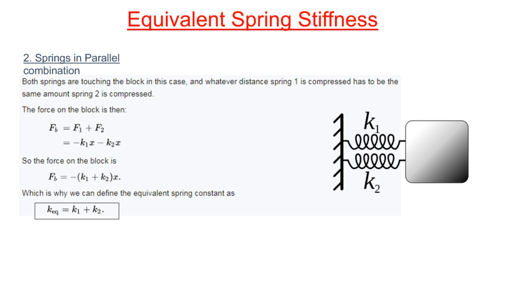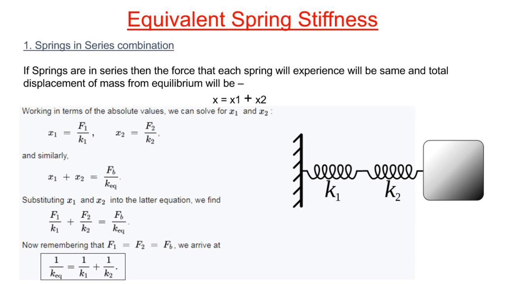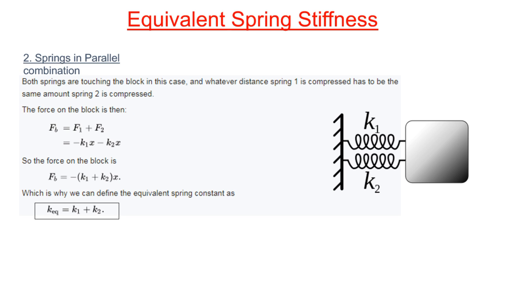Therefore, Fb is equal to minus k1, sorry, neglect that minus sign because this force is opposite, that's why I have considered a minus sign in this equation. Fb is equal to k1 plus k2 into x. Therefore, for equivalent, k equivalent is equal to k1 plus k2.